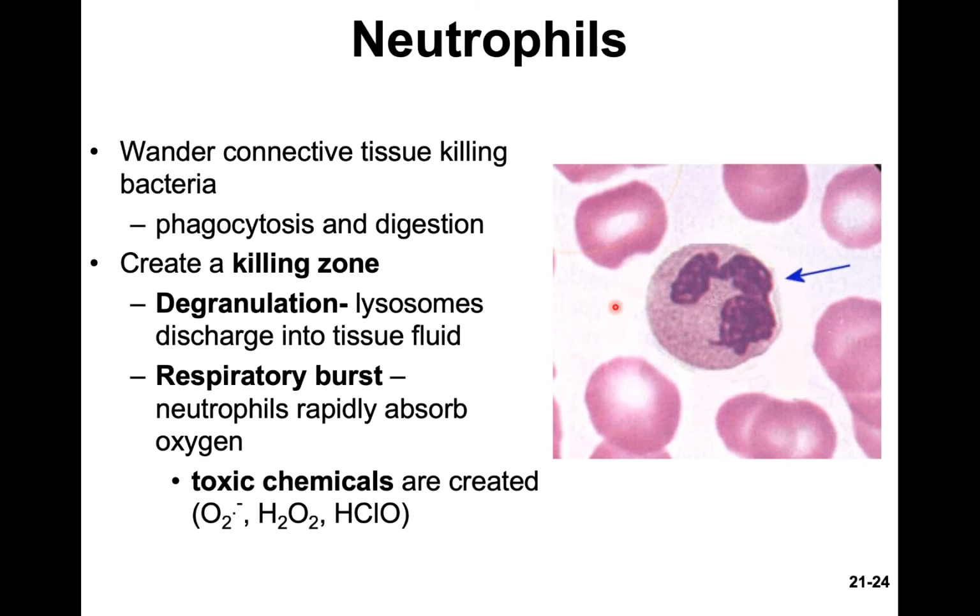So the best way for neutrophils to function is to find a colony of bacteria or virus, go into the middle of them, do their respiratory burst, and create that killing zone to kill the pathogens in that area. Once it kills them, it can then do that Pac-Man-like function and do phagocytosis and eat them.